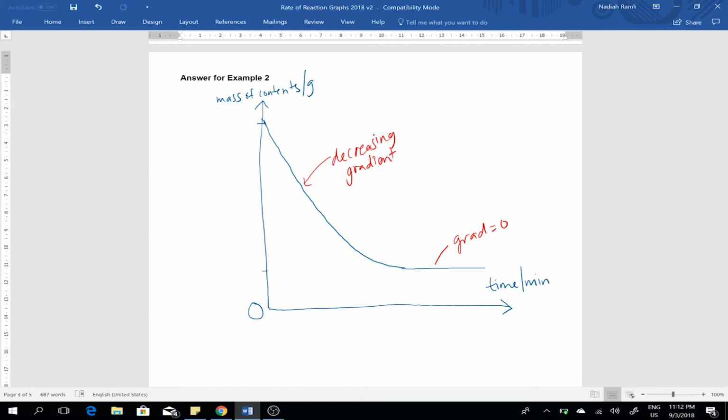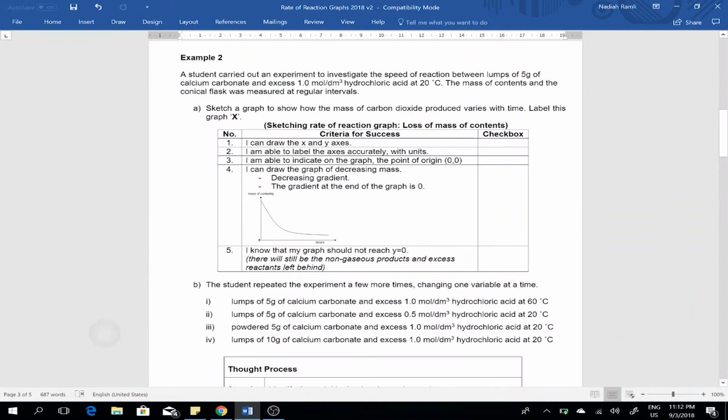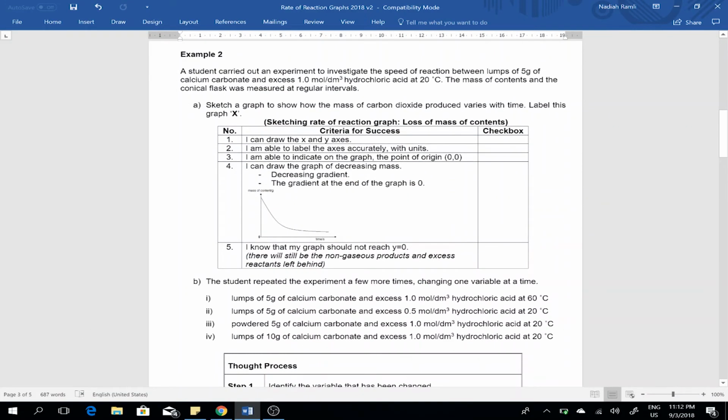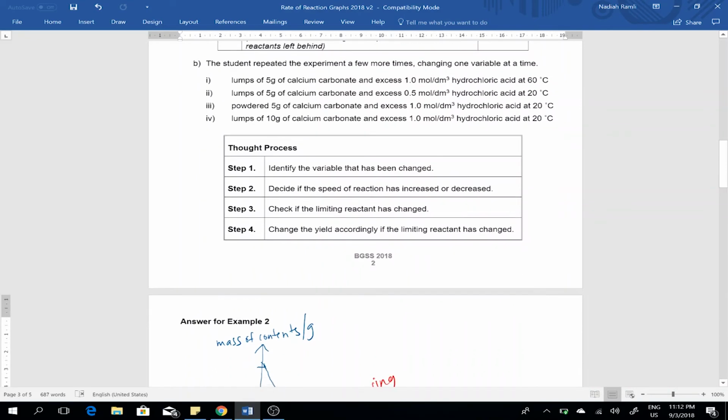Okay, next. So I have all of this. Once I have all this, please tick. Alright. Next, what happens when I change certain variables, certain conditions?